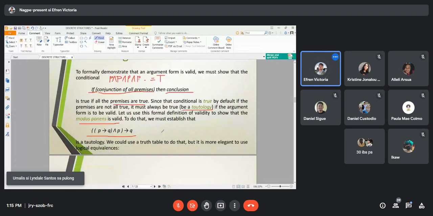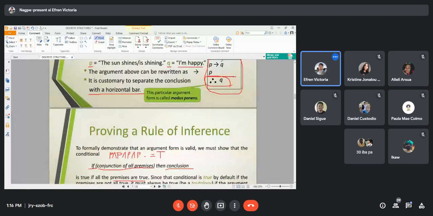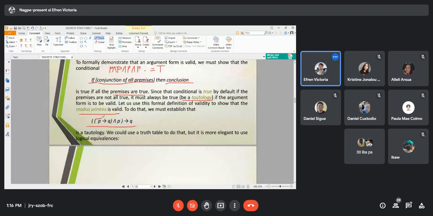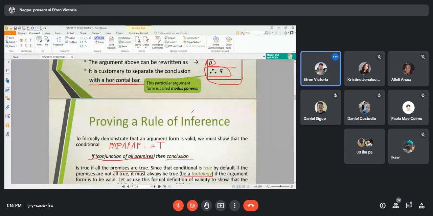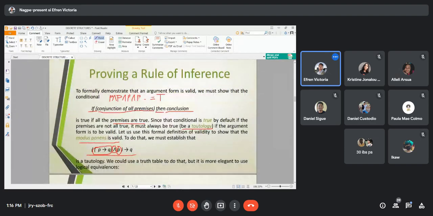So, sabi nga, conjunction of all premises. So, ito yung premise 1. Ito yun. Ginamitan ng conjunction sa next premise natin na P. Saan ang galing yung P? Ito yung sa baba. Okay? Then, the conclusion is a tautology.